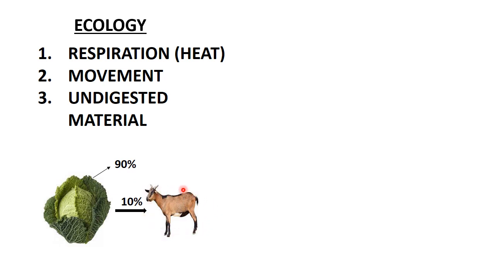This goat again, through these processes, is going to lose 90% or so. And 10% is what is going to be available for the next organism. Let's say I've got Mr. Man here who enjoys his supu ya mbuzi, enjoying this 10%.